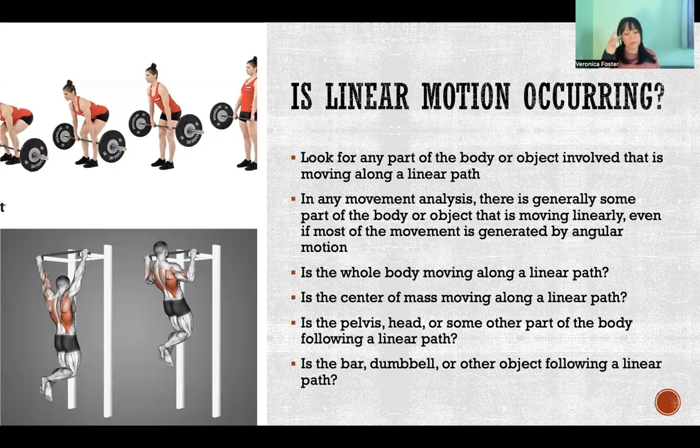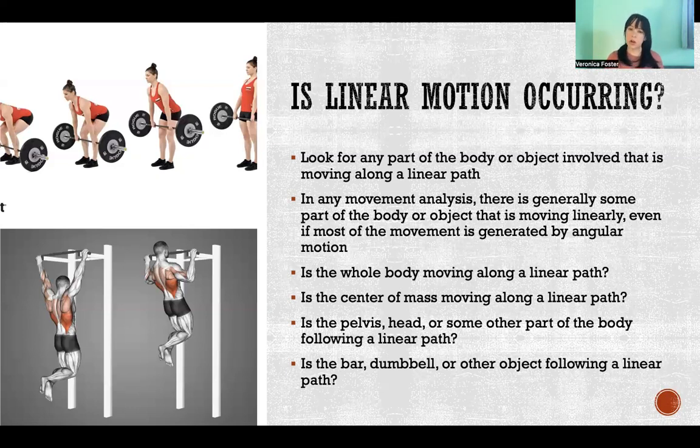Like if we take gait, for example, that's usually something that students understand really easily. Through gait, I can walk from point A to point B, and the movement of the entire body is going in a linear path. That's linear motion.